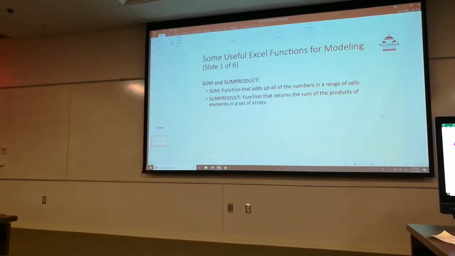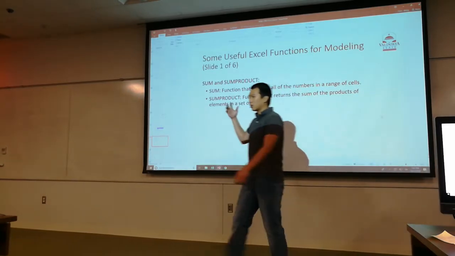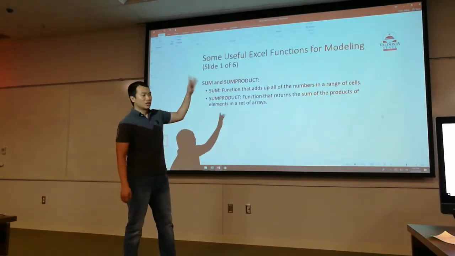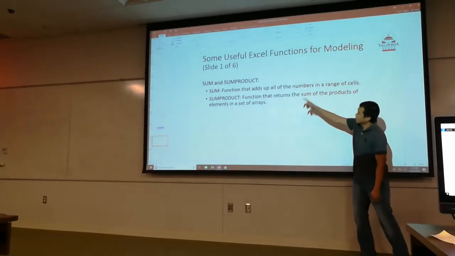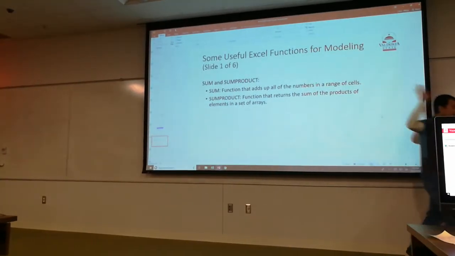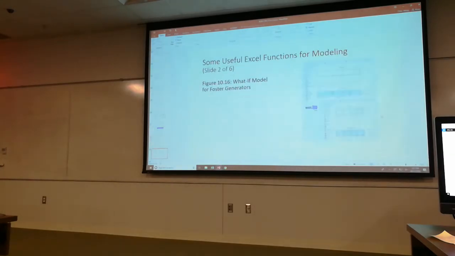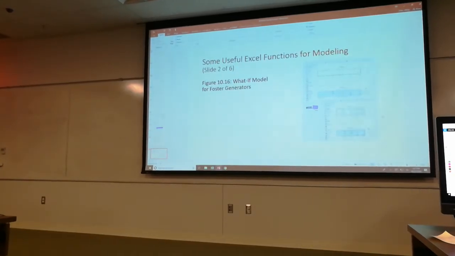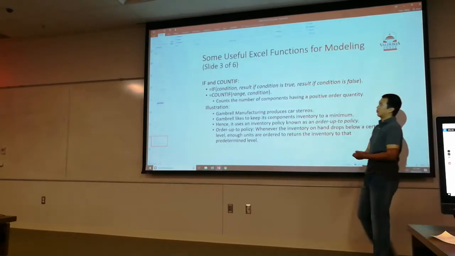Okay. So next we will introduce some functions. We are not going to discuss all the functions because we used some of them in the previous lectures. The SUM function and SUMPRODUCT, we already used in the previous applications, so we are not going to spend time on those two. We will skip that. IF and COUNTIF, we also used those two functions before.